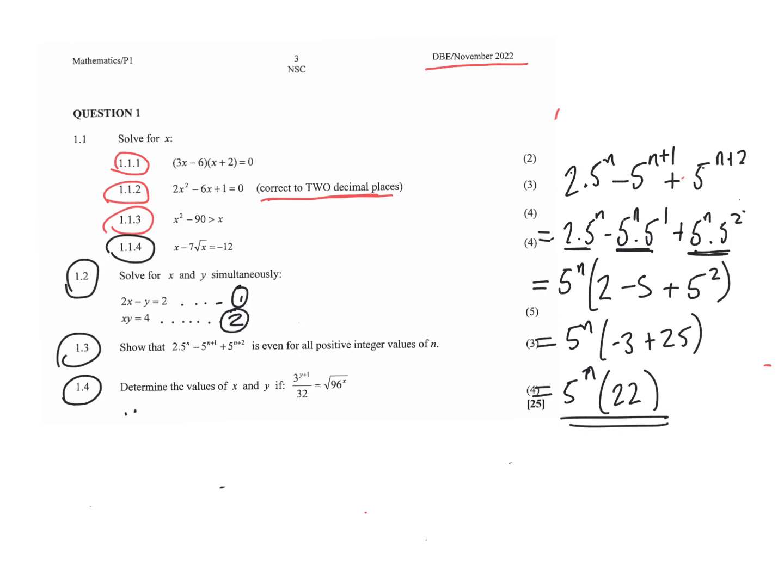On 1.4, they say determine the value of x and y if (3^(y+1))/32 is equal to the square root of 96^x. Remember, the first thing is to get rid of the square root.